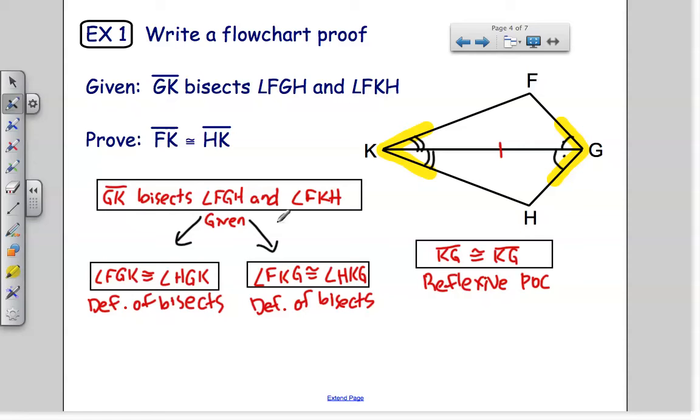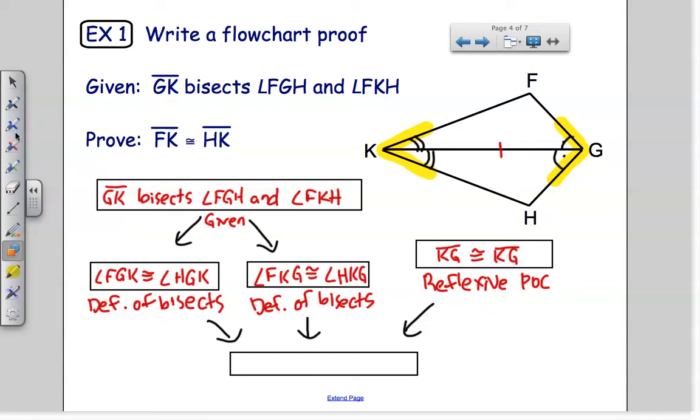But now, the fact that I have two angles and a side, all of these together should help me to say that the triangles are congruent. So now I gotta list what triangles are congruent. Make sure I create an okay congruent statement.